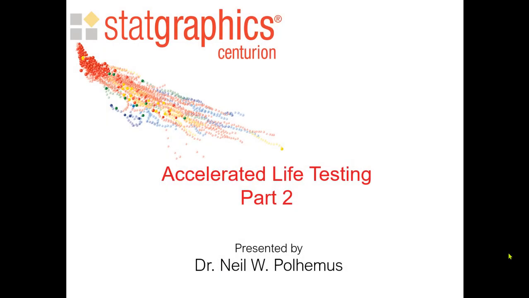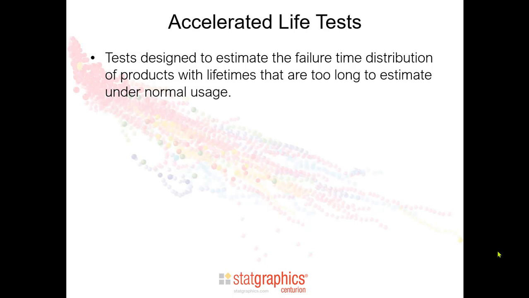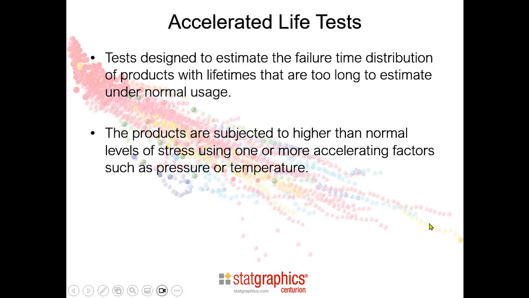This video is the second of two parts describing procedures in Statgraphics version 20 for performing accelerated life tests. Accelerated life tests are designed to estimate the failure time distribution of products that have lifetimes that are too long to estimate under normal usage.